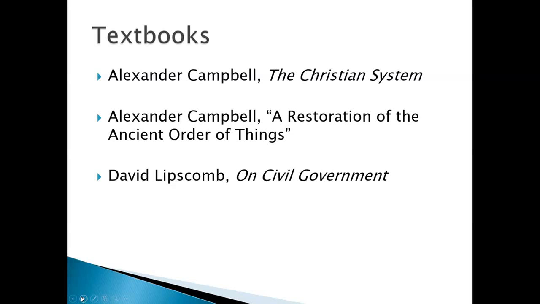And then the final textbook, David Lipscomb's On Civil Government. Lipscomb we can put as kind of a second or third generation leader within the Restoration movement. He lived in the South, in Tennessee predominantly. This work is focused on the origins and purpose of government, where it came from, particularly human government, not so much government within the church.